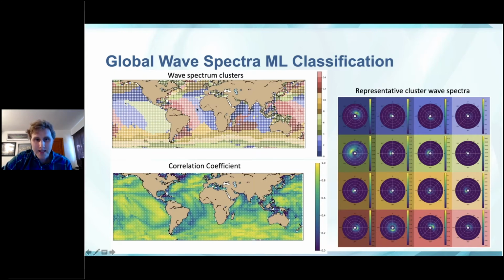This is a way to really see globally how the wave spectra change spatially and also temporally if you average over different periods. Below, there's the correlation coefficient between the color, the representative cluster, and the actual modeled wave state. As you can see at the seams of these different transitions between the clusters, you get the highest error. But it's a nice way of showing the overall way that the spectra behave in the global ocean.